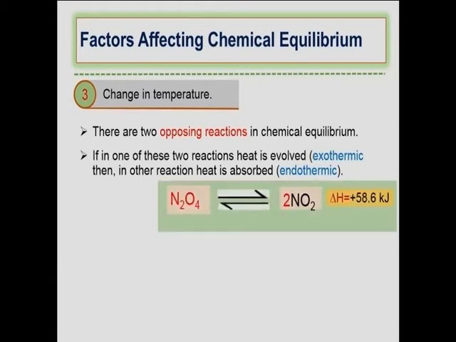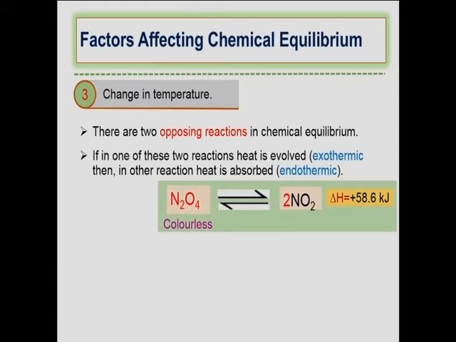So now let's look here. From there you can say that this reaction is endothermic in nature, meaning the product has absorbed some more heat energy. That is why that reaction can be categorized as an endothermic reaction.